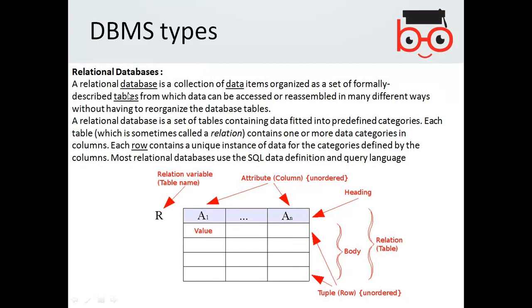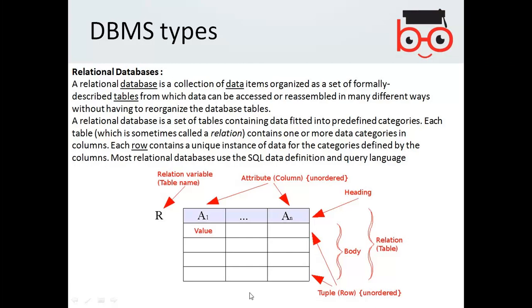A relational database is a collection of data items organized as a set of formally described tables. So when you see a database in a table, that's a relational database, from which data can be accessed or reassembled in many different ways without having to reorganize the database tables.